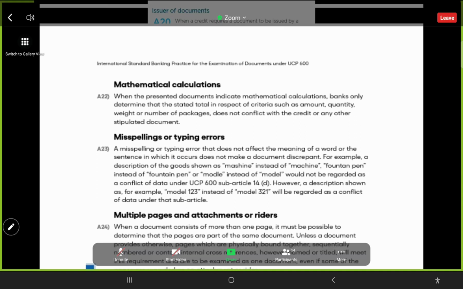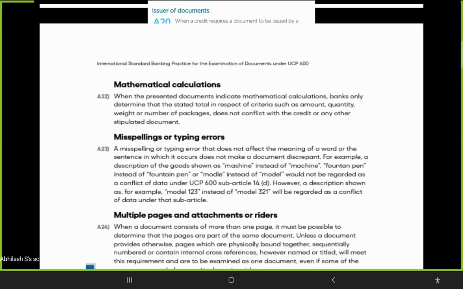So such numbers cannot be changed. The moment you see, instead of 1 2 3, a 3 2 1, straight away it is a discrepancy, because we are not sure whether they're going to have another model entirely different if the number is changed. So that will always be a discrepancy.